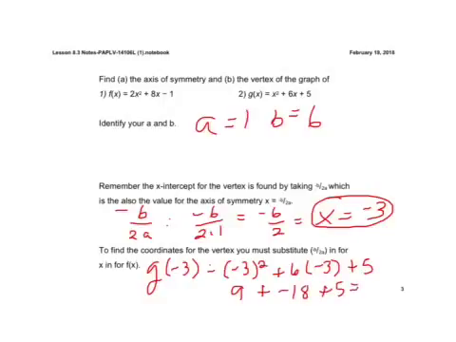And now we get 9 plus negative 18 is a negative 9 plus 5 would equal a negative 4. So our vertex in this case would be the ordered pair negative 3, comma, negative 4. All right, so those are the steps we use to find the axis of symmetry using our negative b over 2a, and then using that value to substitute it back into the original function to find our vertex.